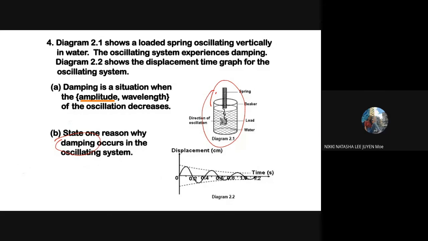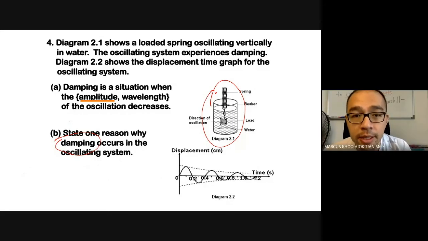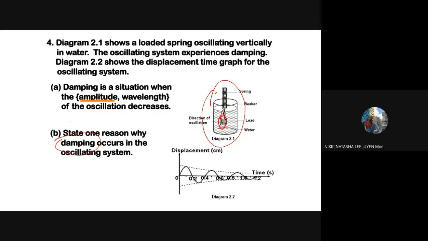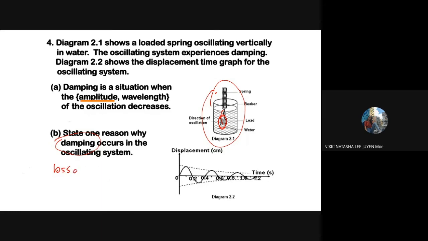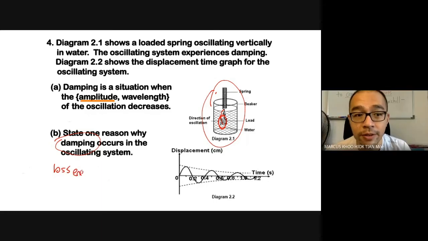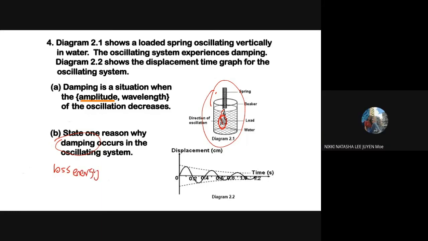I don't know. What causes, come on, think about this. What causes this spring or this load to slow down? Because of the loss of energy. Loss of energy due to? Heat. Friction. Friction because of? What causes the friction?